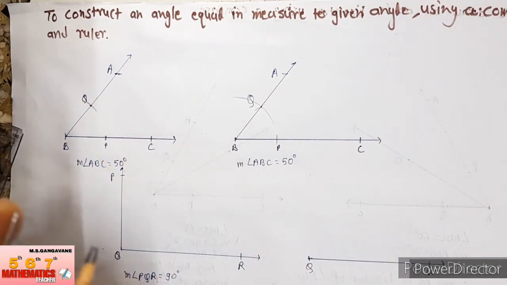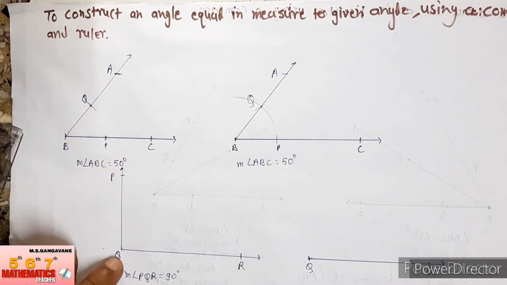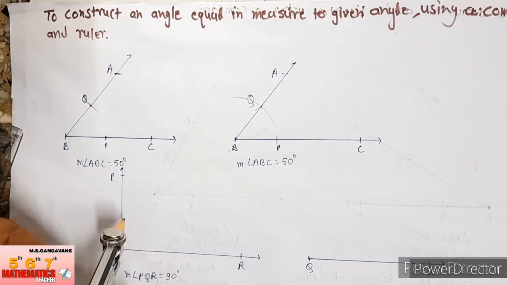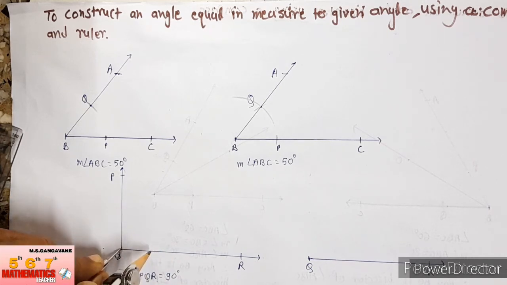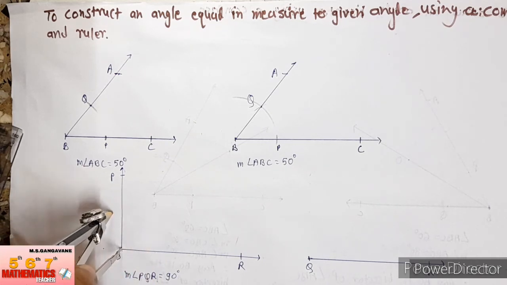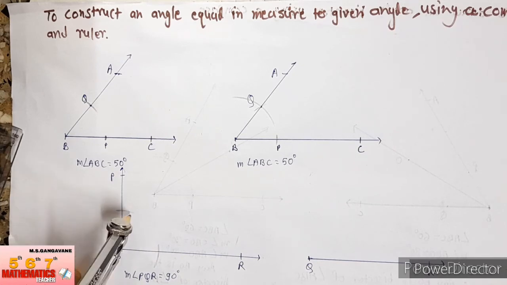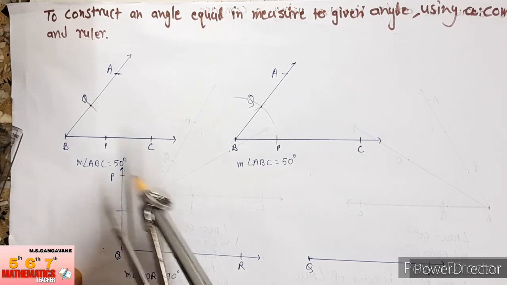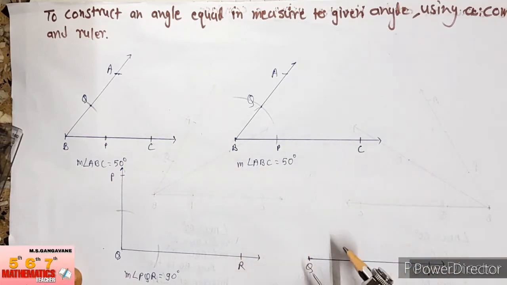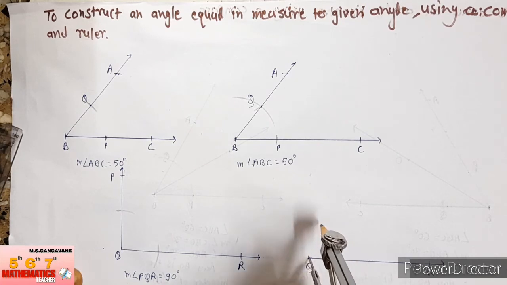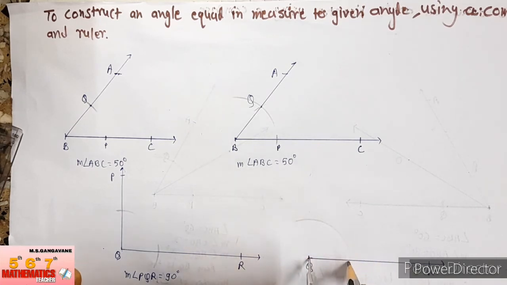Now open the compass. Now the metal point on the vertex of given figure, done. Get convenient distance in your compass and make the arc to both rays. Pick up the compass and, with the same distance not changed, on the vertex of Q make the arc.